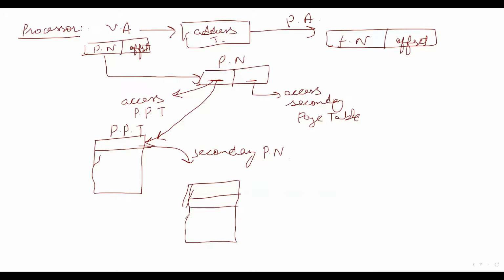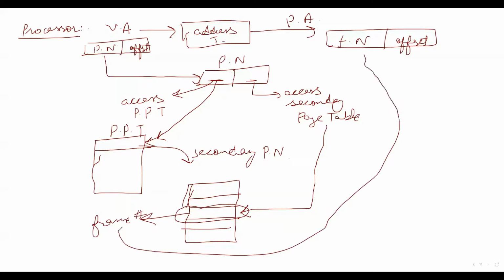After choosing this secondary page table, we will use these bits to access it. Let's suppose it points here. From this location, it stores the frame number, and this frame number will be put here to give the physical address.